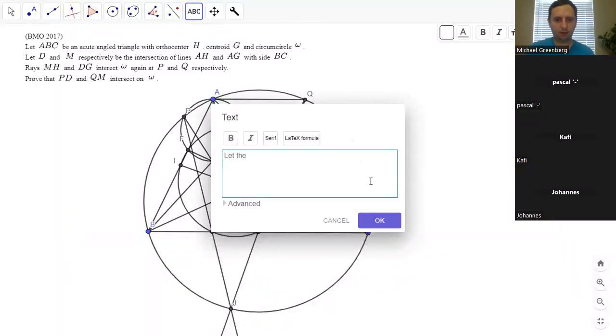Let the parallel from A to BC meet the circle ABC at Q prime. All right, the next problem is going to be harder, or it should be.